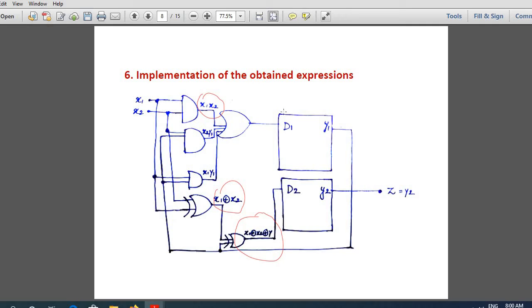Just implement the equations. As I told you, please don't forget what y1 and y2 are. It is actually like your counter q1, q2. Here they represented it by another name, y1, y2. So y1, y2 is actually the state and it is actually the flip-flop output. So please don't forget that.